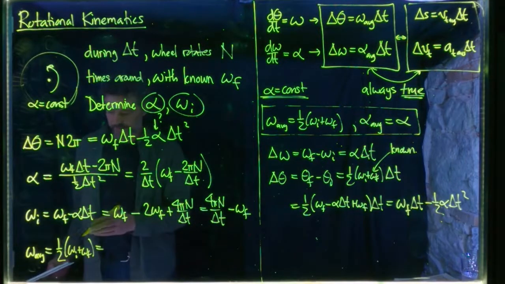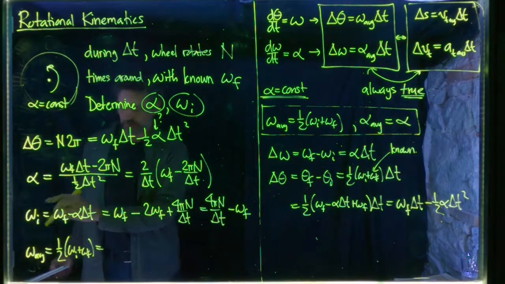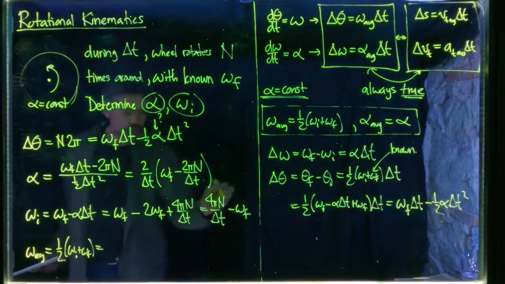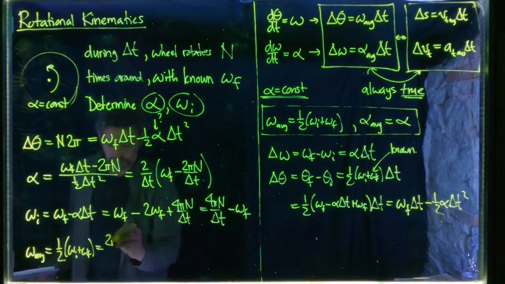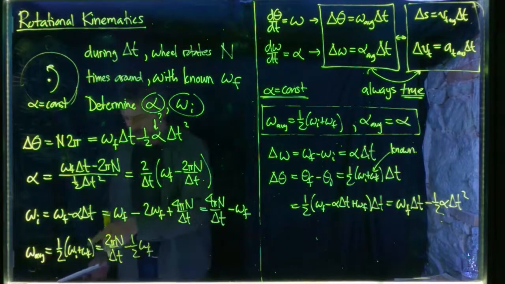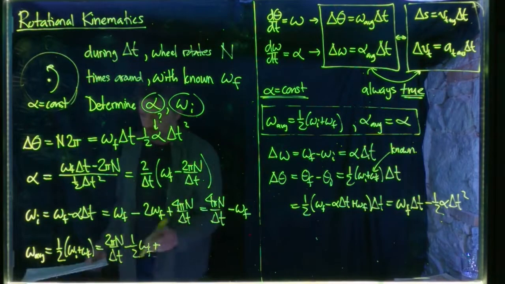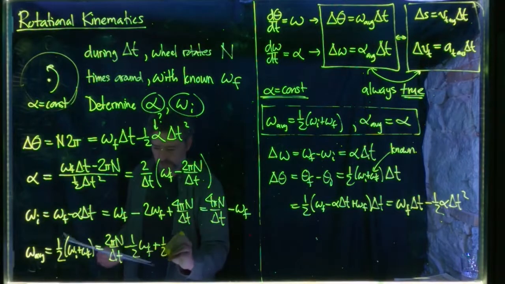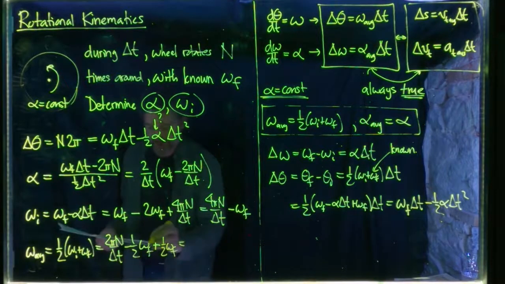So let's see, 1/2 of omega initial is 2 pi n over delta t minus 1/2 omega final, and then we have a plus 1/2 omega final. Oh, right, sorry, of course, this cancels out.